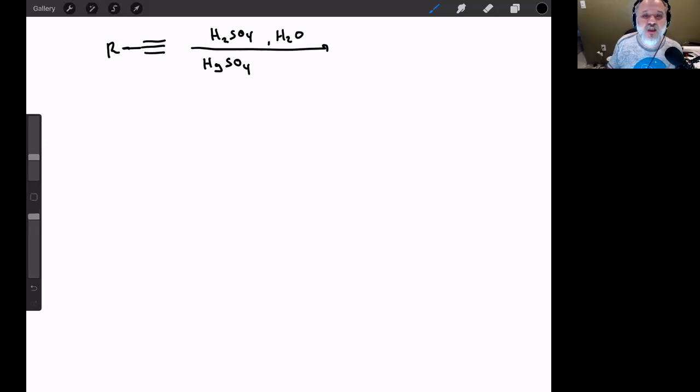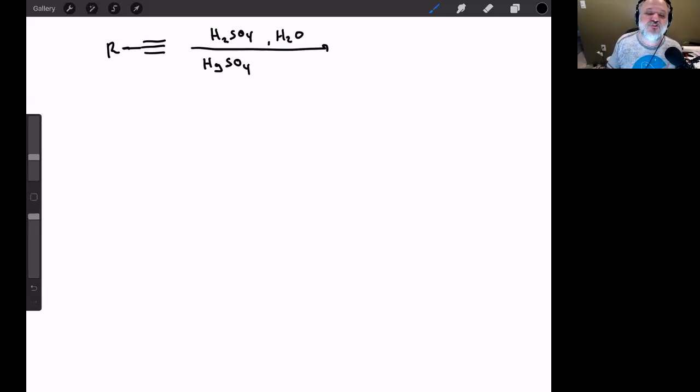Now, this is not oxymercuration-demercuration. This is acid catalyzed hydration. And there isn't an analogous oxymercuration-demercuration reaction for alkynes as there is for alkenes.